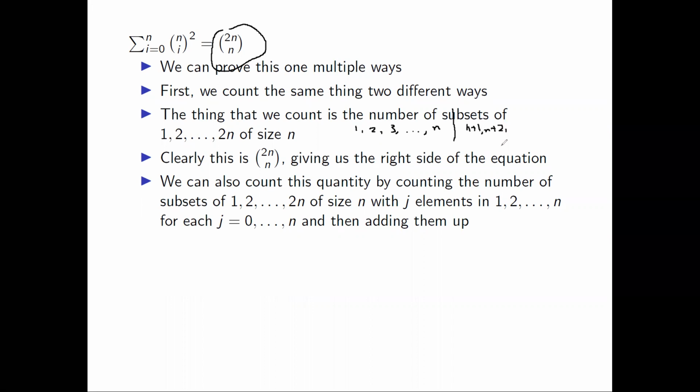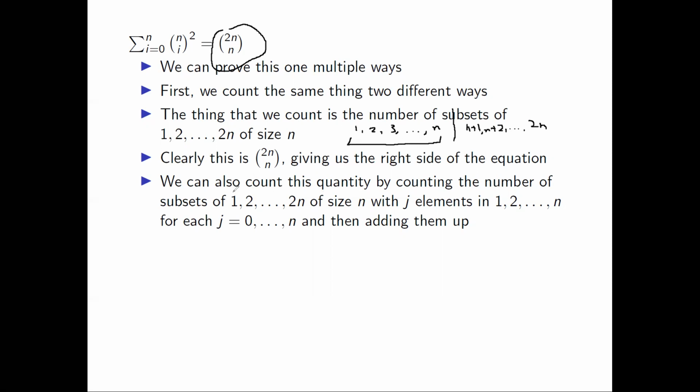So we'll look at 1, 2, up to n, and n plus 1, n plus 2, up to 2n. And we're going to break the subsets into classes. So for the subsets of size n from the set 1, 2, up to 2n, the class will be defined by the number of elements in our subset that are in the first half, right here, 1, 2, up to n.